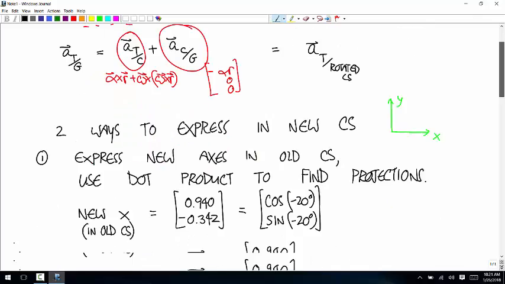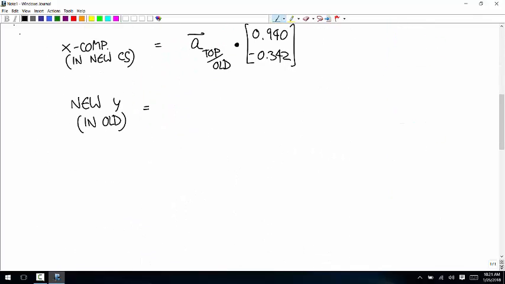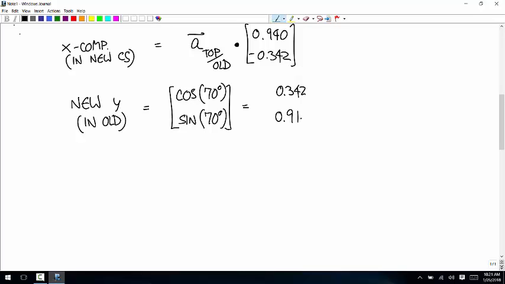That would be 70. So you'd have cosine of 70, sine of 70. So that's 0.342, positive 0.940.